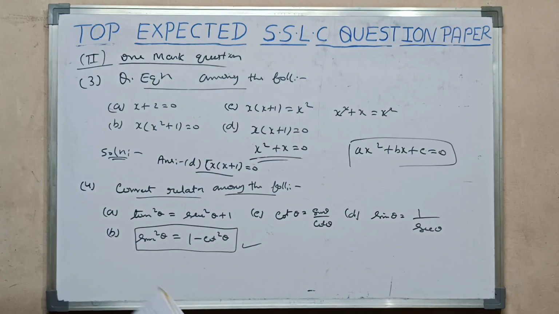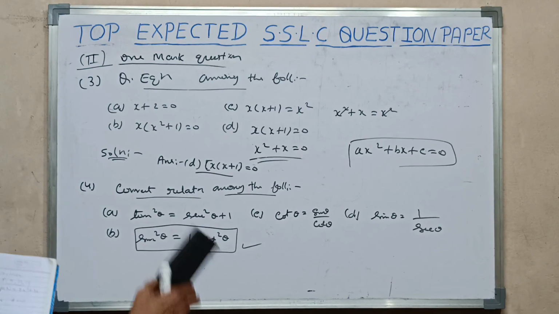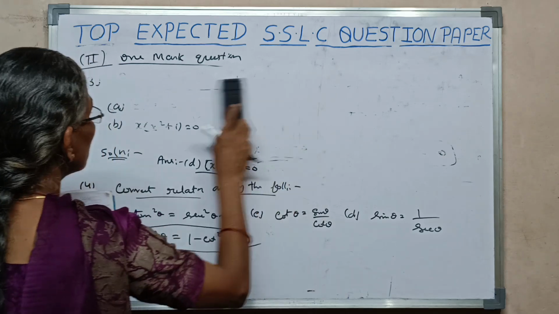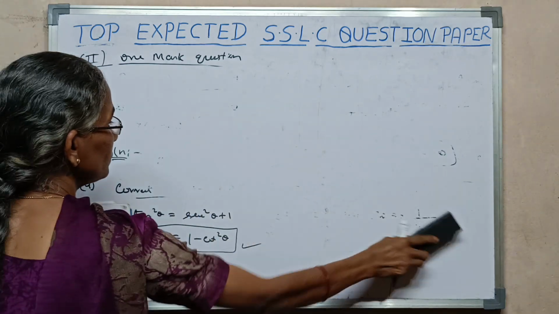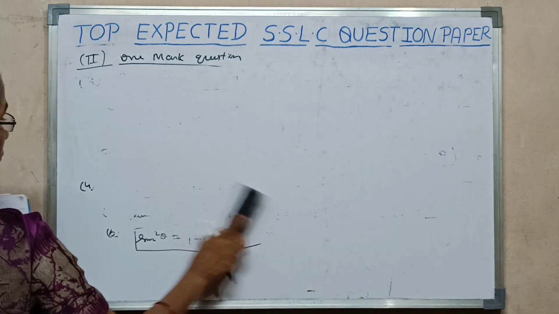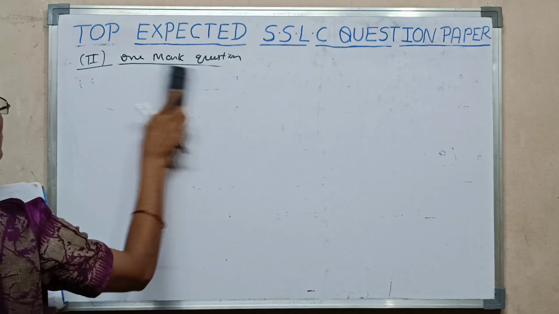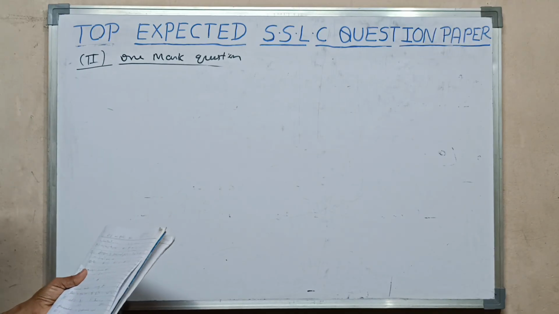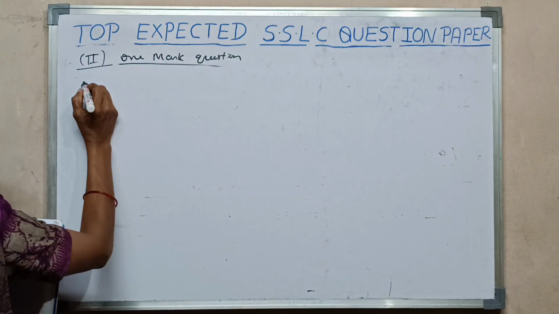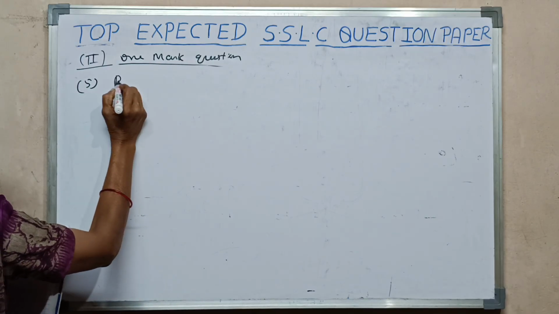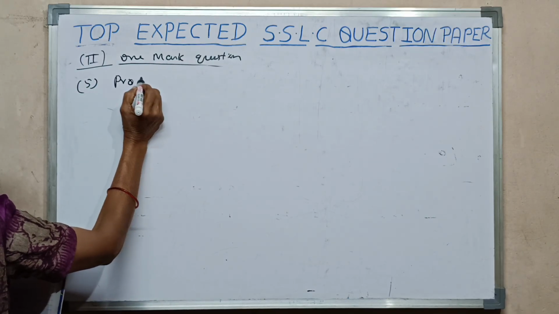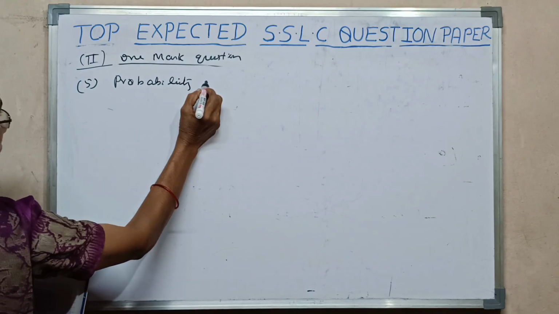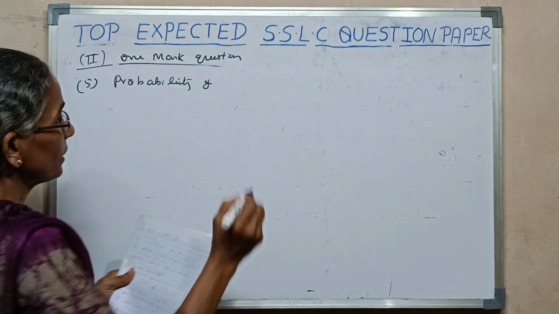Next, fifth question. Fifth question is: probability of an impossible event is?